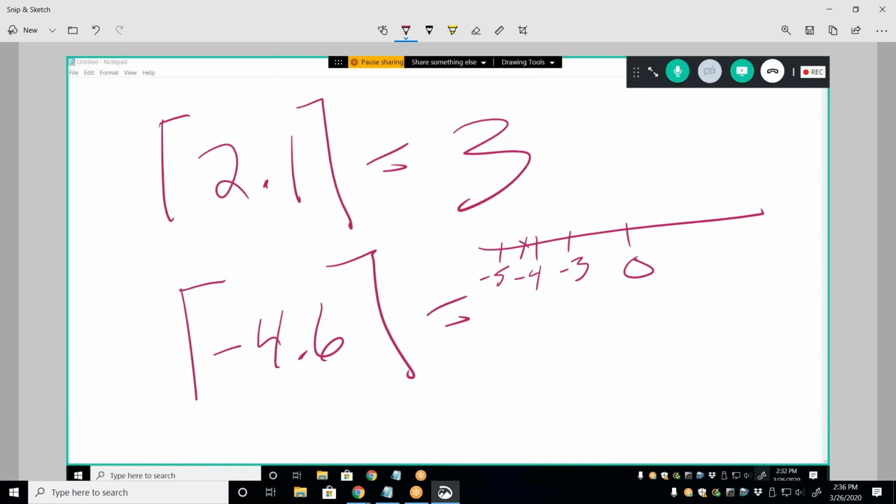So you start, hold on, which way do you go? Does that look like an L? So what is it?